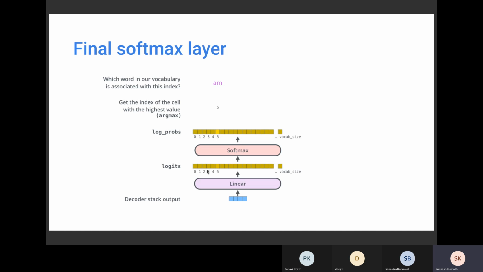Then you transform this into a probability distribution which adds up to one, with values between 0 and 1, and you figure out which of these values is the maximum in the whole vector, and that would be the output for that particular time step. Here you see the position 5 is the maximum value, and the word corresponding to position 5 is am.